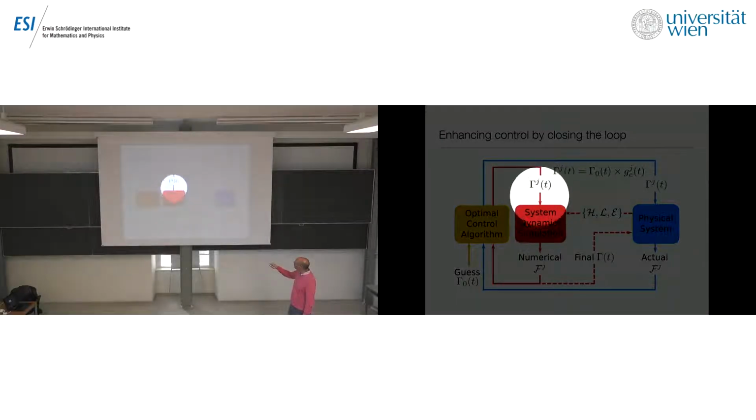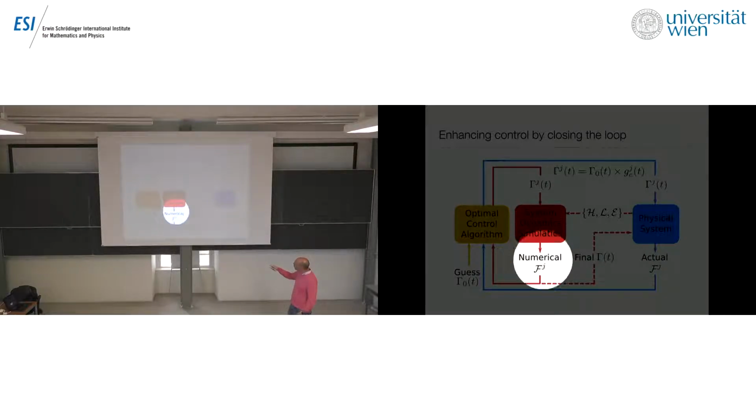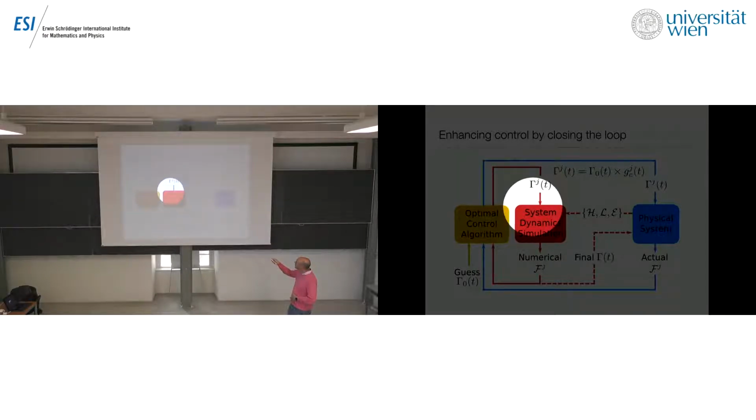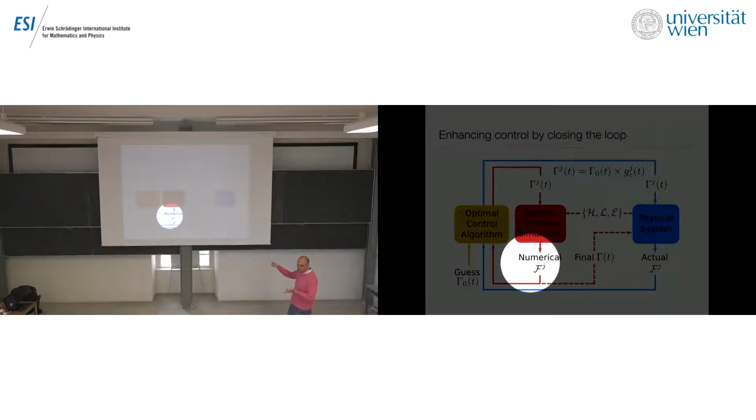So I calculate the evolution of my system. I have Gross-Pitaevskii dynamics, whatever, and numerically I say, okay, if I do a certain pulse with this shape, I will get a certain fidelity, let's say. And then my algorithm is iterating this. So it is indeed a loop, an iteration, which contains only a numerical simulation.